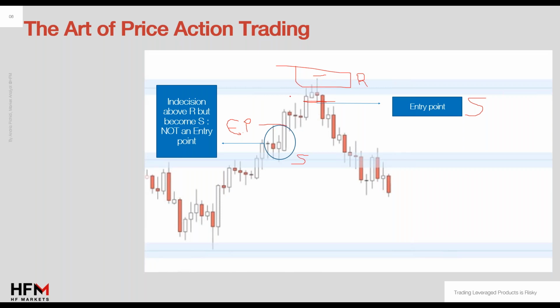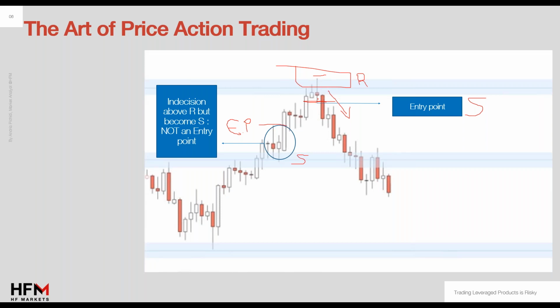And target, can anyone tell me what could be the potential target in this trade? Anyone? Come on, I'm sure you know. What could be our target in this case? No one? Yeah, perfect, Blake.